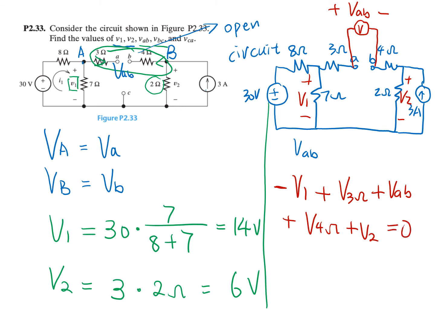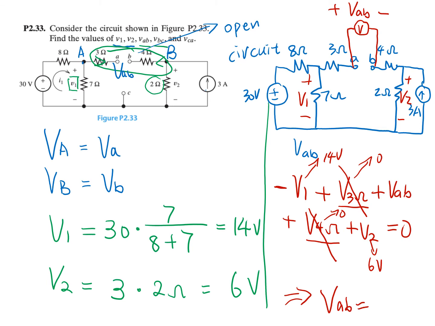As we know, there is no current flowing through the 3 ohm, no current flowing through the 4 ohm, so the voltage drop is 0, and both of these are 0. And we also know V1 is equal to 14 volt, V2 is equal to 6 volt. So we can calculate VAB as 8 volt.